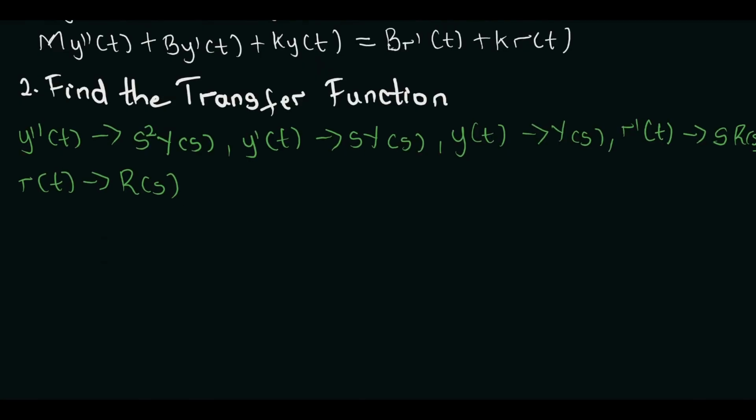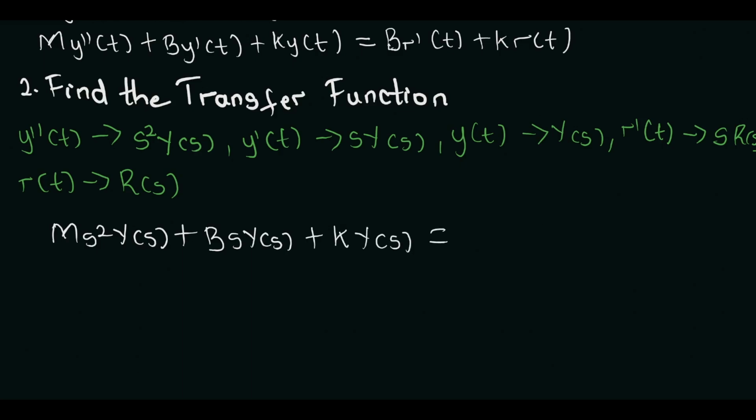So now we're writing it in Laplace. We have (m s squared plus b s plus k) Y(s) equals to (b s plus k) R(s).